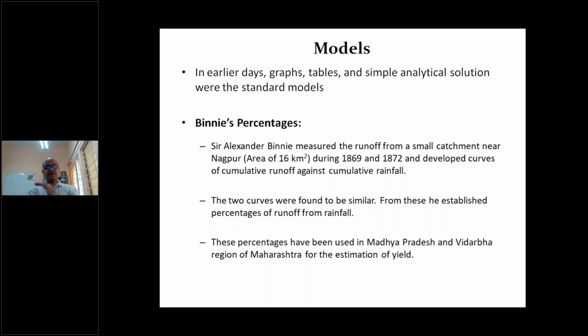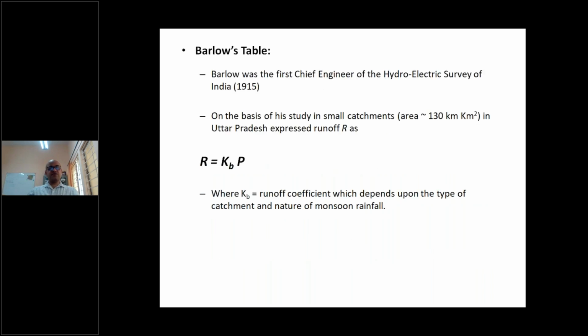So he exploited this to derive the relation in terms of percentage, that is, how much percentage of cumulative precipitation or rainfall will get converted into cumulative runoff. He did this study in 1869 to 1872, way before independence. Then he extrapolated this model to many watersheds in Madhya Pradesh and the Vidarbha region of Maharashtra.